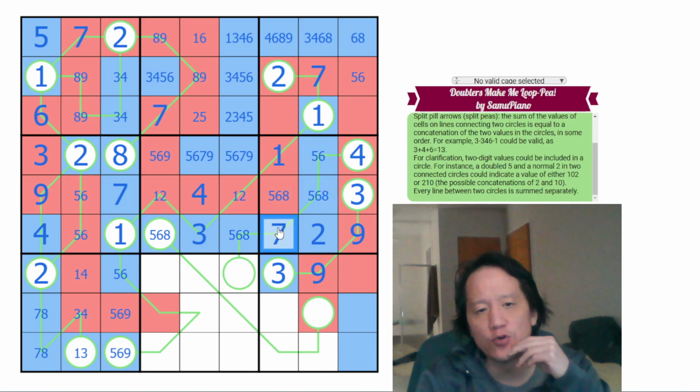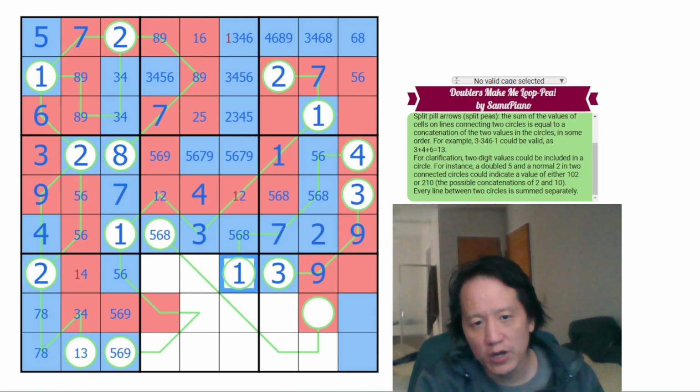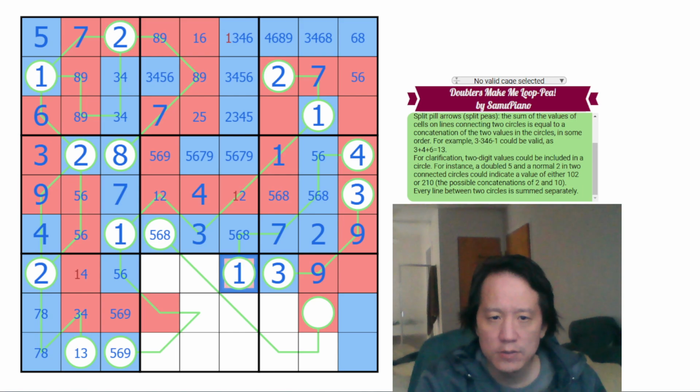So this would be 24 at most and then plus 8. So 5, 6, 7 is already 18 by itself. This must be 1 doubled then. Right? Then it can't be 18. It obviously can't be 80 something. So this has to be a 1, but it has to be doubled.